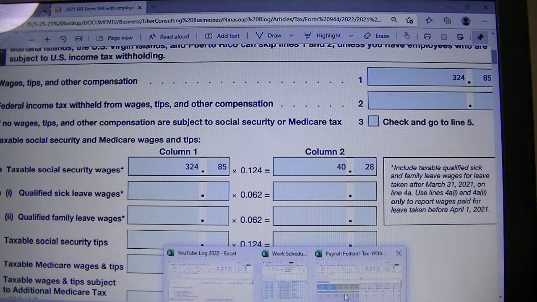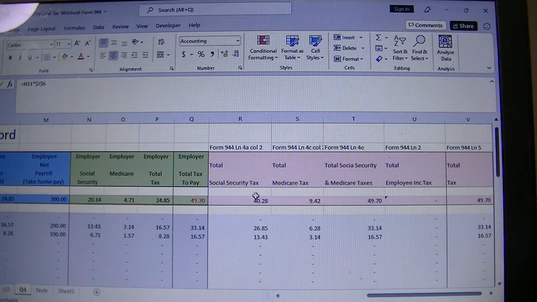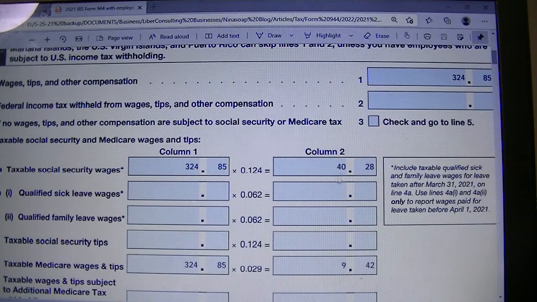I like to calculate that on my spreadsheet so that I make sure I'm getting the numbers right. It's pulling from the spreadsheet further left. That's the total Social Security, and I put it on line 4a column 2, $40.28. The other lines are not applicable to our situation, so we left them blank.